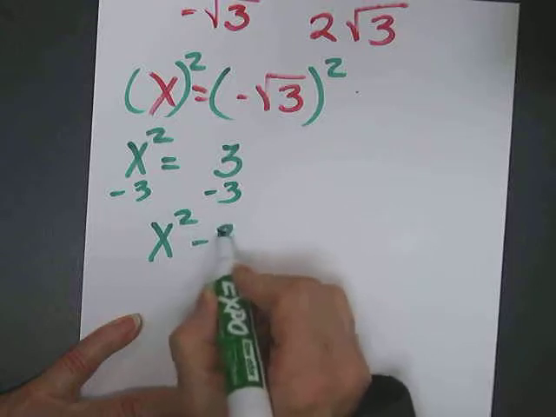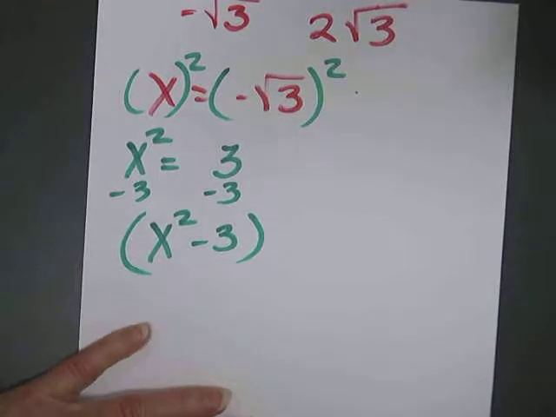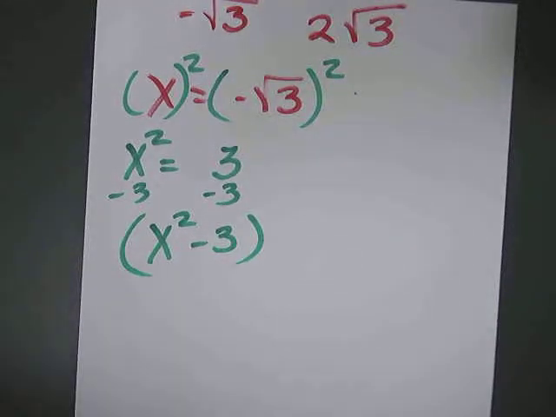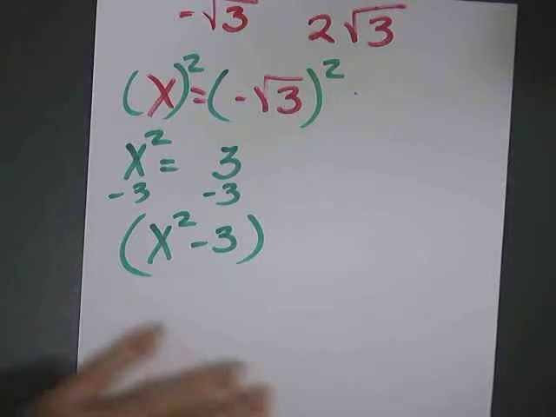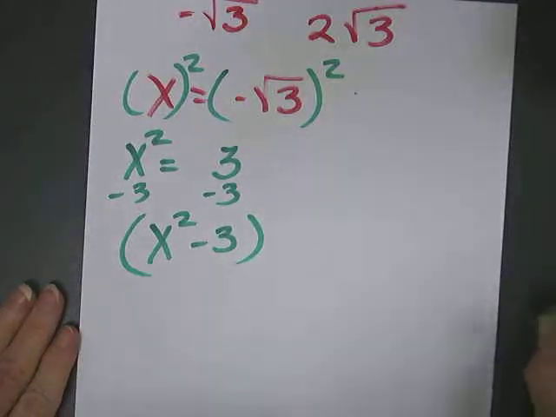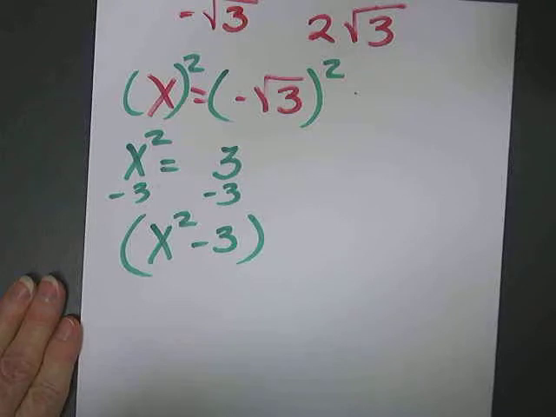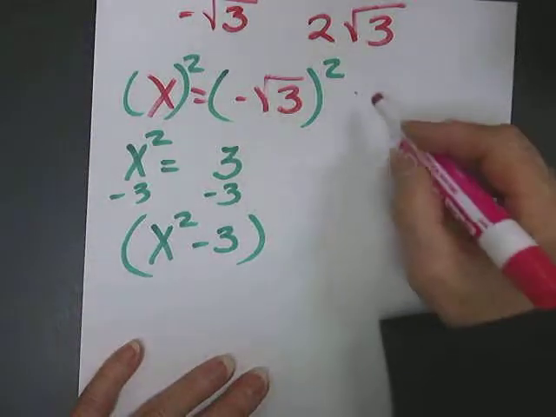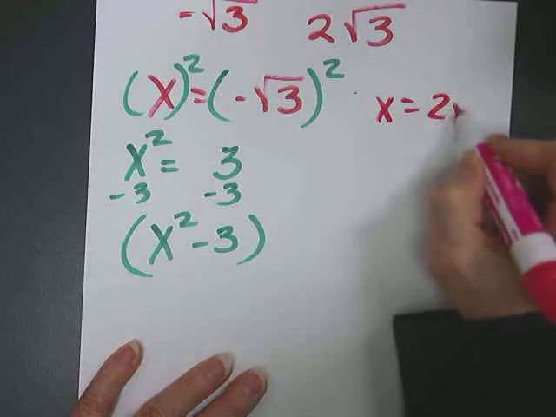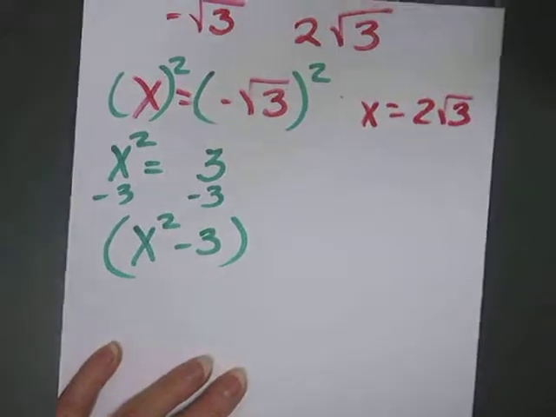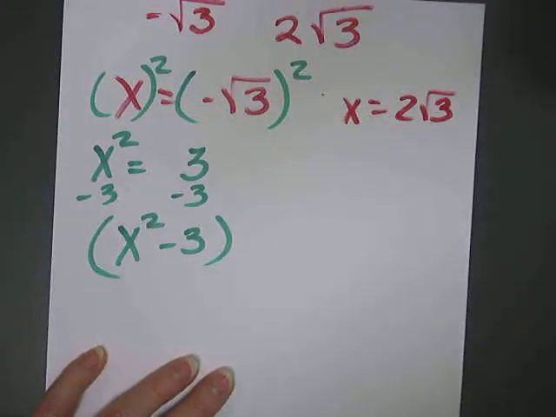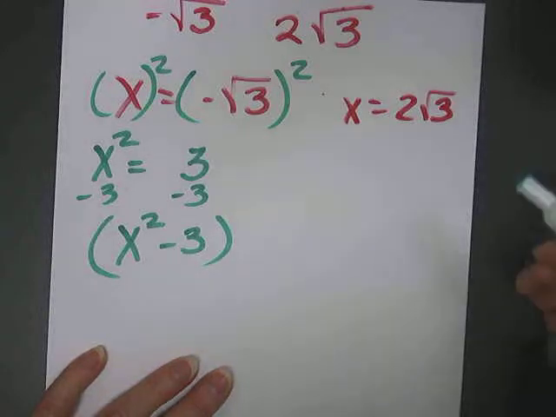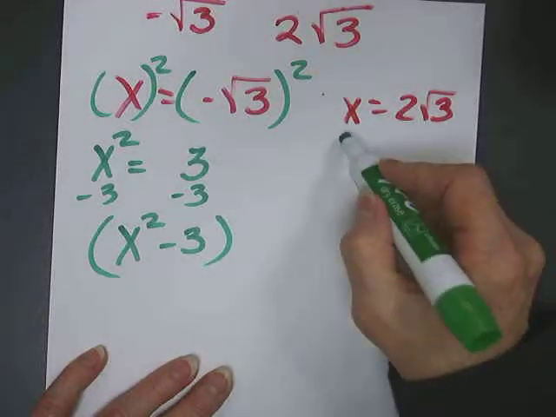Square it. x squared equals positive 3, or no, negative 3, or negative times negative. Oh, yeah. And then subtract 3.